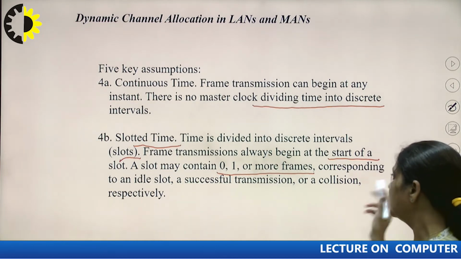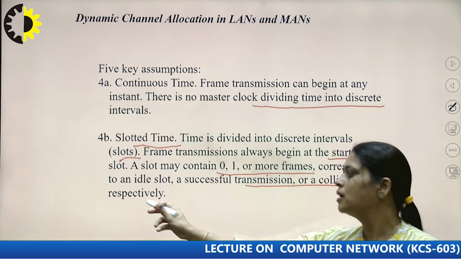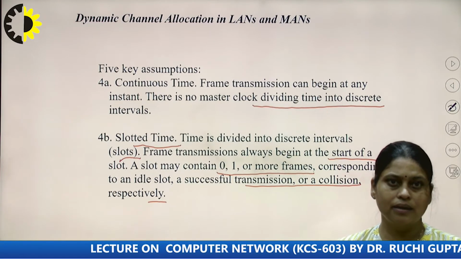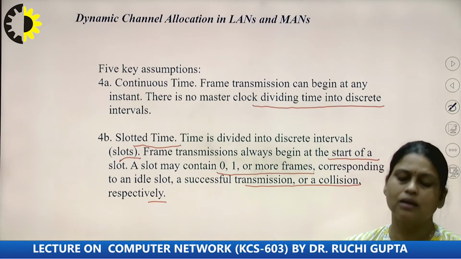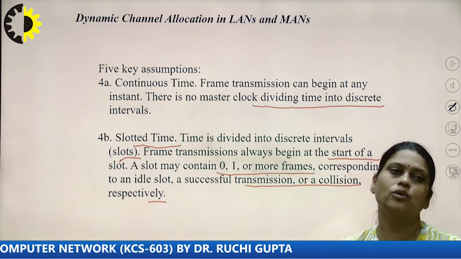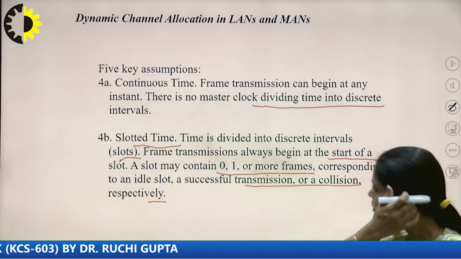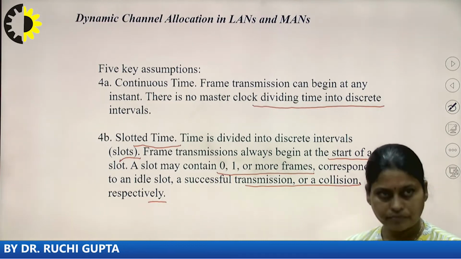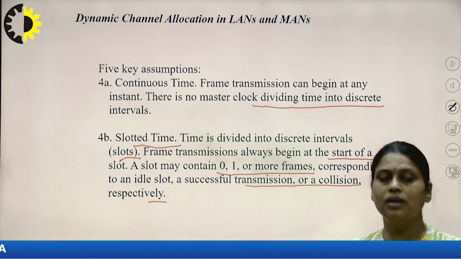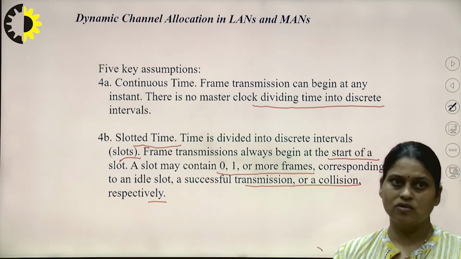This corresponds to an idle slot, a successful transmission or a collision respectively. If we are sending the frames in a specific slot, we can avoid the condition of collision. This is also a major concern which we have when we have to transmit the data frames.